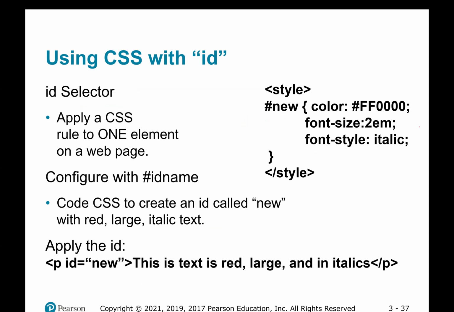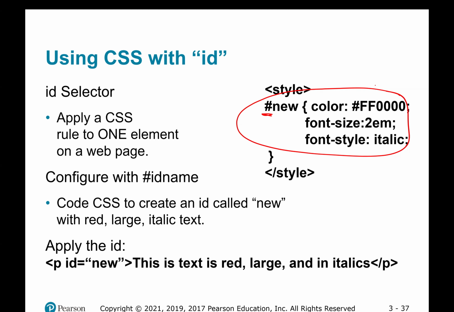Then we have the ID selector. It's the same as the class selector, with only two differences. One difference is that for the ID selector, we start the selector name with a hash. And the second difference, and the most important difference, is that if we define a rule like this, I want to apply this rule only on one element, not on every element.